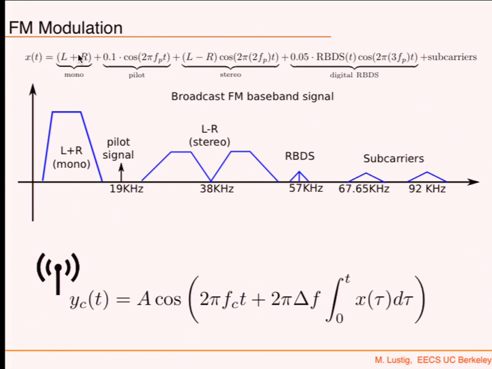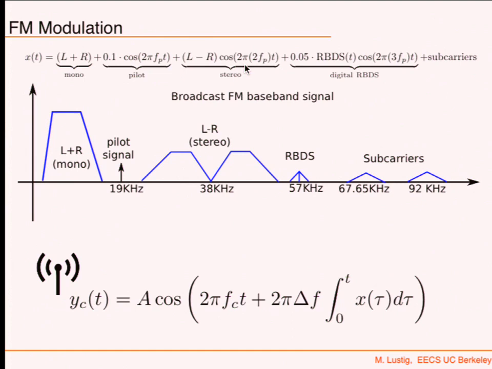If you have a stereo signal, you take the left channel, you take the right channel, you add them together, and they transmit that on the baseband. That's not modulated. Then they transmit a pilot signal at 19 kilohertz. This is just a pure frequency at 19 kilohertz. That pure frequency is the same one that's used to modulate, using amplitude modulation, the left minus right channel.